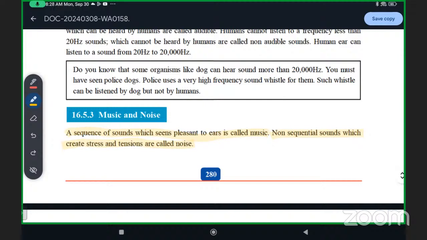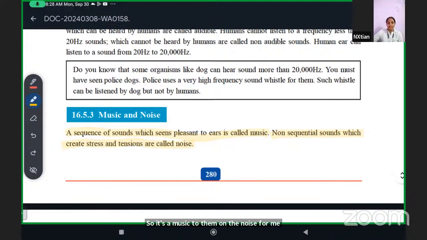But if you ask them, they like it. So it's music to them and noise for me. Can you differentiate? Yes, Abraham, that is right. Some people who play loud music, DJs and things, that is music to them, but it is noise to us.